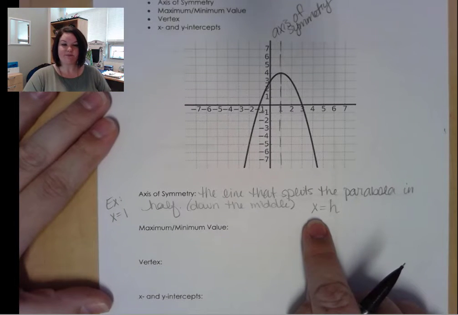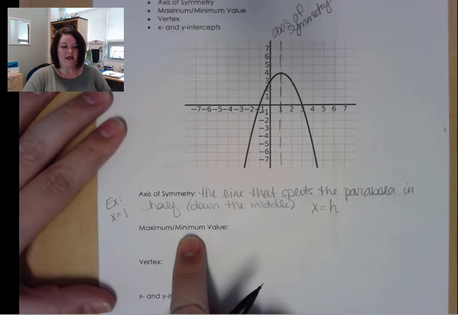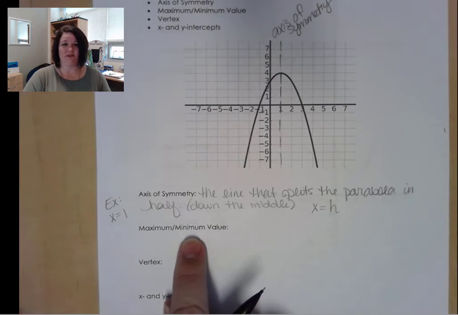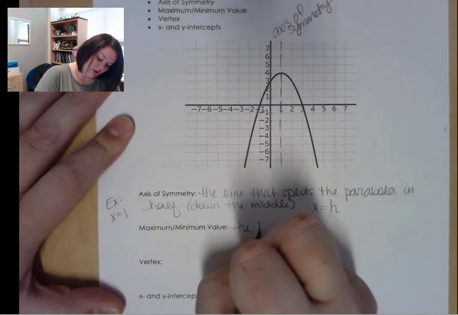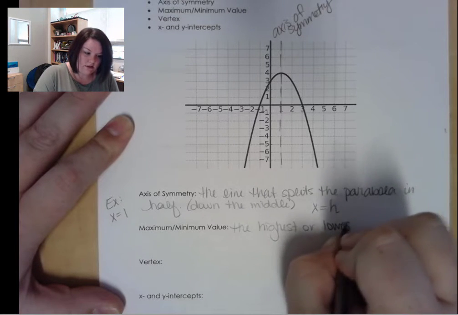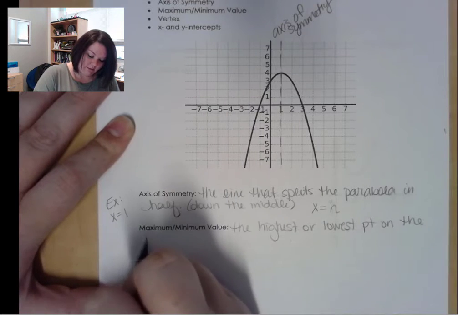The next thing I want to look at is the maximum or minimum value. The maximum or minimum value is the highest or lowest point on the parabola.